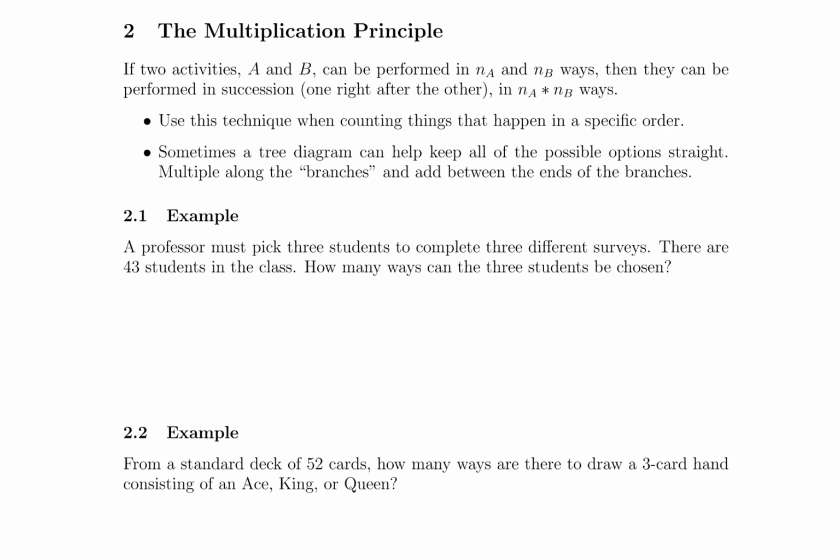So let's look at example 1 here. A professor must pick 3 students to complete 3 different surveys. There are 43 students in the class. How many ways could the 3 students be chosen? So the way that we're going to approach this is we're going to think of this as there are 3 different surveys. So we have survey 1, survey 2, survey 3.